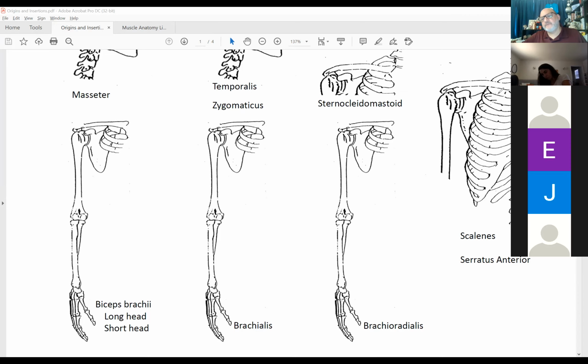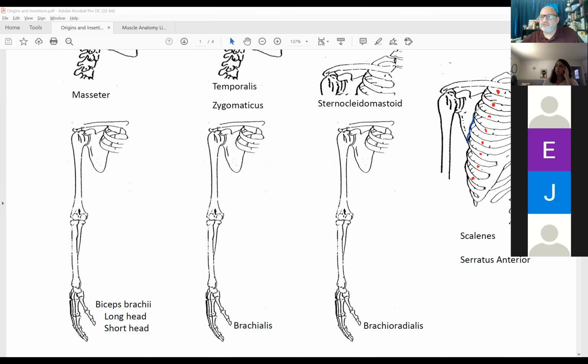What was the origin again? Ribs 1 through 8. Yep, anterior surface of ribs 1 through 8. Excellent. And it inserts into the medial border. Now notice we don't see the medial border. So again, this is one of those things where you can do whatever makes it easier for you.